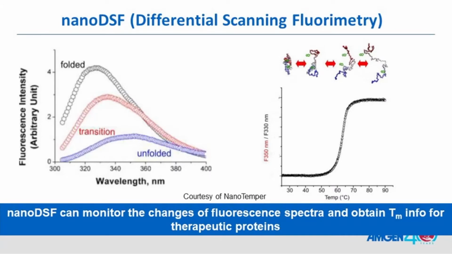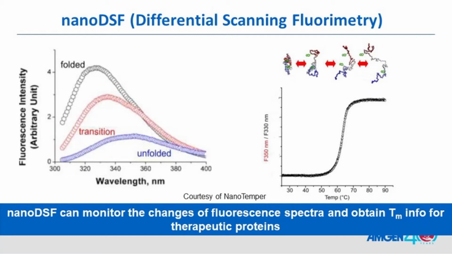Now let's take a look at nanoDSF. As you know, a protein with a tryptophan shows intrinsic fluorescence. The top trace in the left figure is the fluorescence spectrum of a folded protein. When a protein unfolds, the fluorescence intensity becomes lower, and the peak may have a red or blue shift.